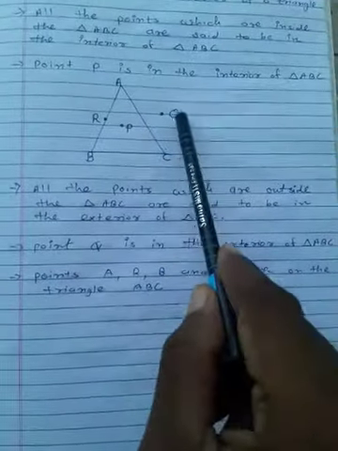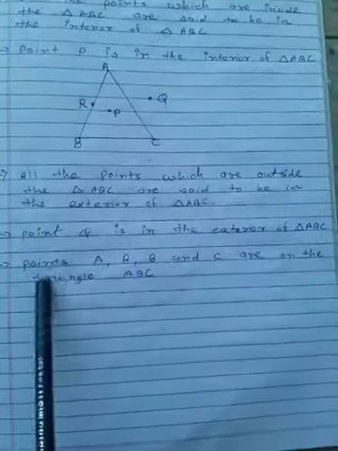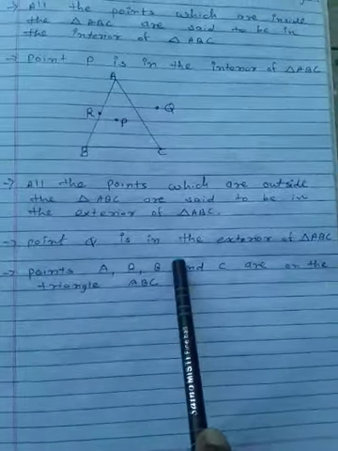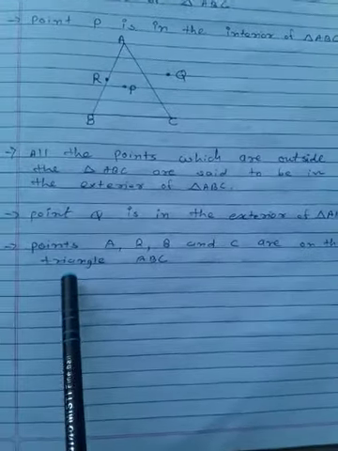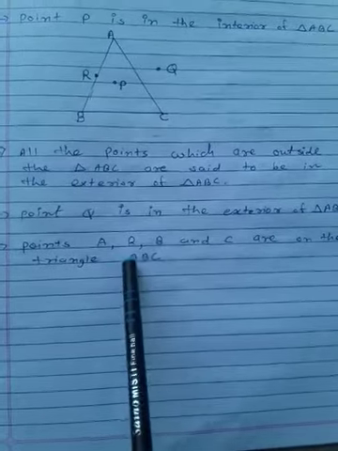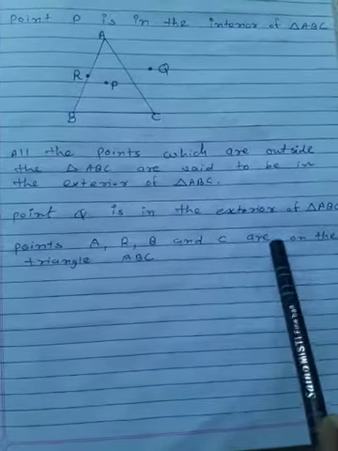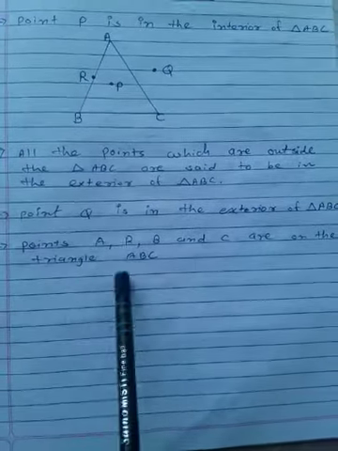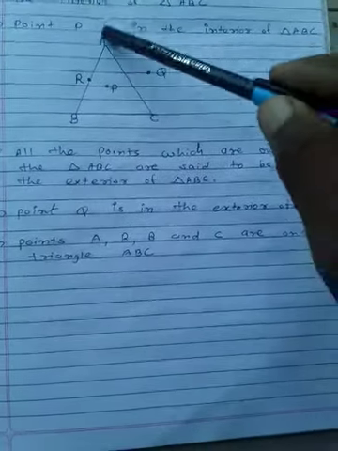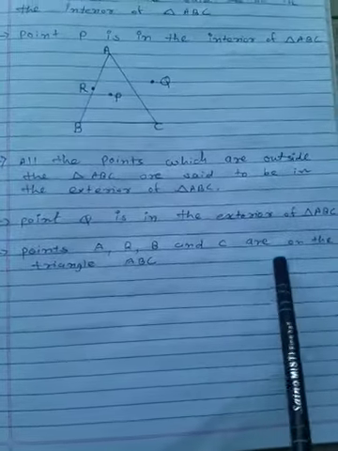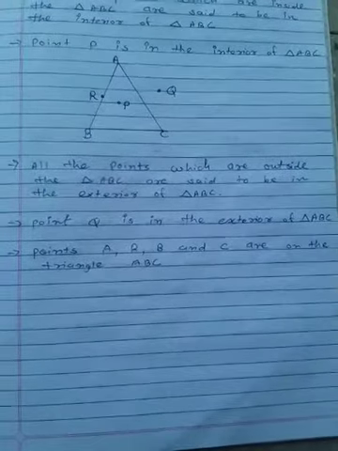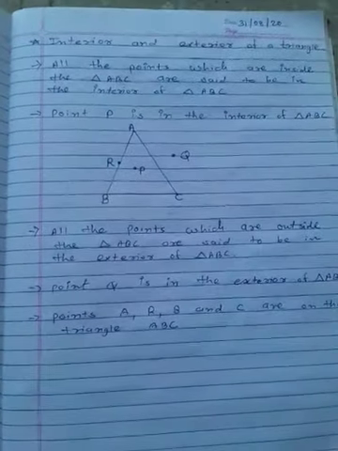Point Q is in the exterior of triangle ABC. Points A, R, B and C are on the triangle ABC. Up to this clear?